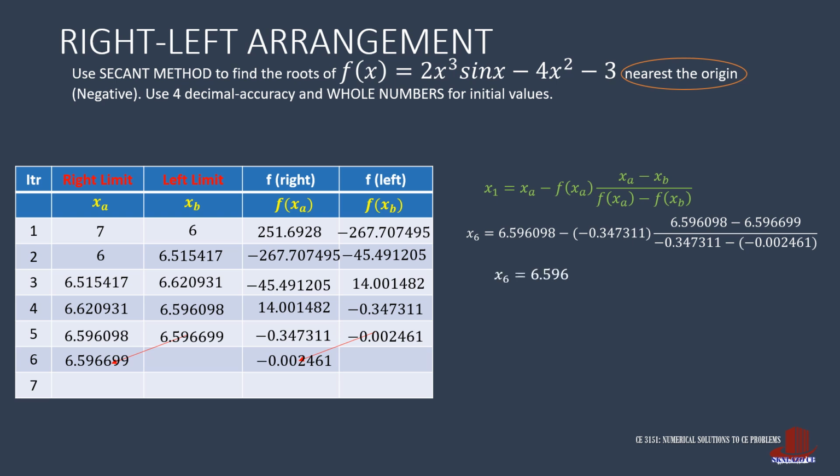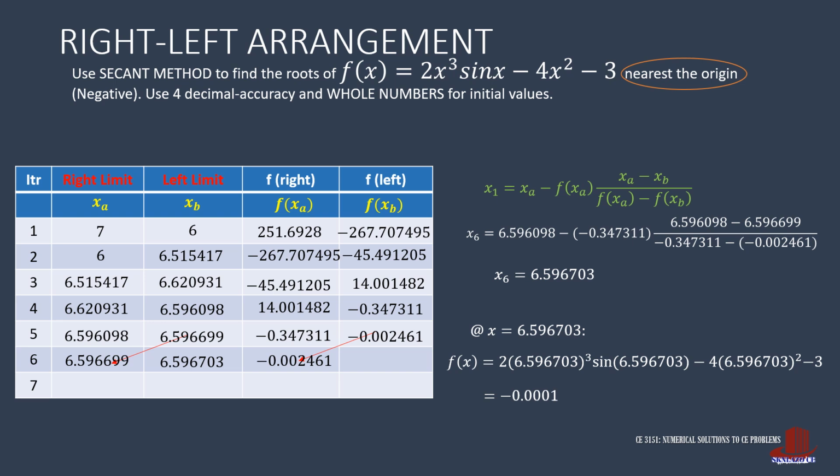The result is 6.596703, which is then used to solve for f of xb, which eventually becomes negative 0.000165.